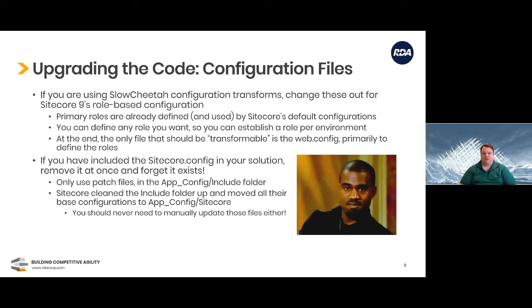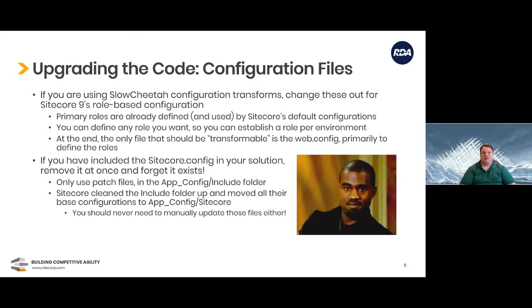Sitecore config, don't touch it. Anything under app config Sitecore, don't touch it. Just override it. The layers config I mentioned earlier, those things are always at the top. So anything you put in the app config include, regardless of the name, because it used to be app config include and then alphabetically under that and then subfolder, etc., you can control that with the layers, and it's already set up for you so that the app config Sitecore will come first, then the app config include, and it even will build in foundation, feature and project layers for you in that order if you're doing the Helix models.